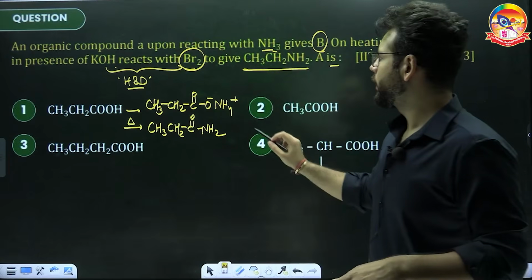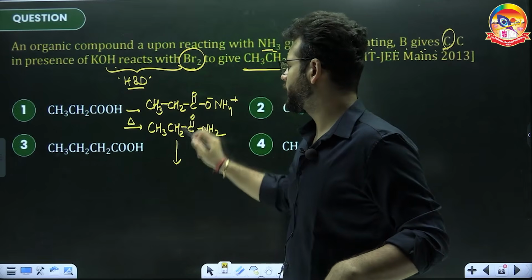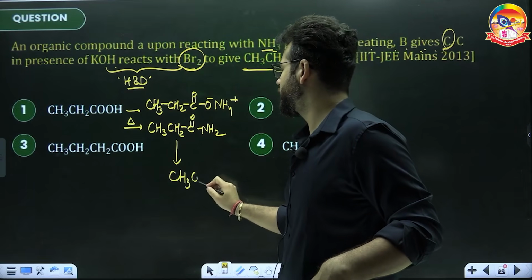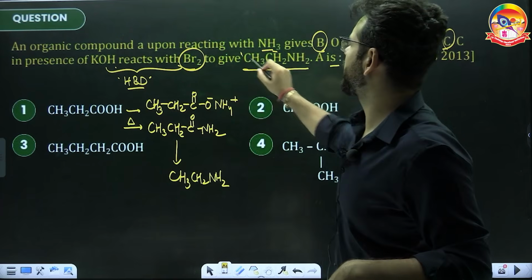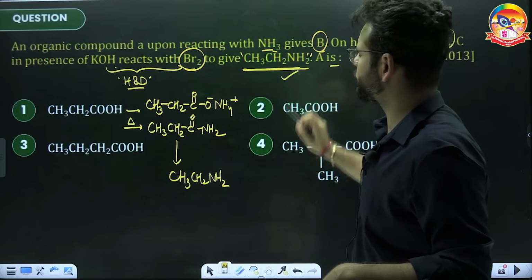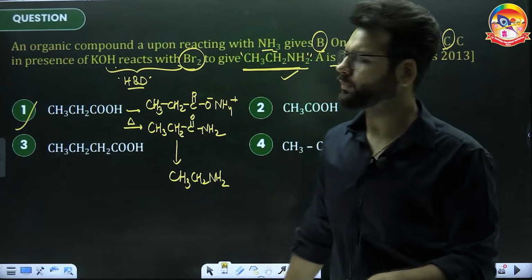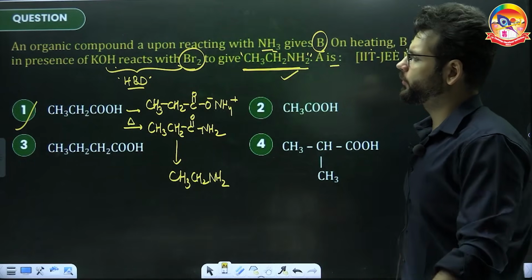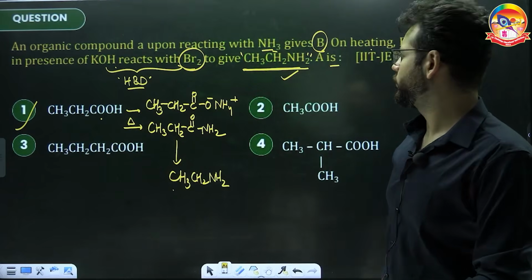And when we do Hoffmann bromamide degradation of this, CO will come out from here. We get CH3CH2NH2. So they were asking you to prepare only CH3CH2NH2, so it's absolutely the correct answer. Means A is your correct option. So from a 3 carbon carboxylic acid to a 2 carbon amine, this is the way we can go.